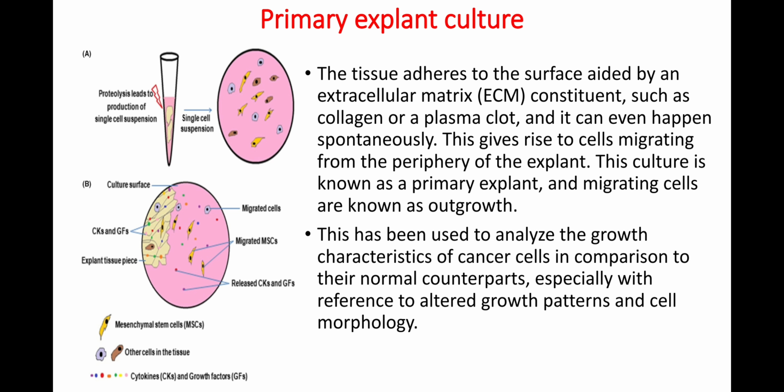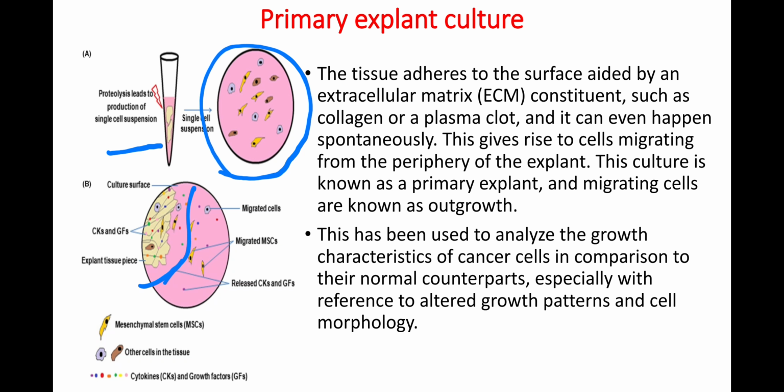See this is outgrowth. Okay, firstly, in primary explant, proteolysis leads to production of a single cell suspension. See this, and the suspension of single cells in this.